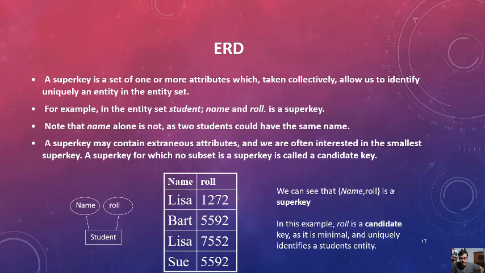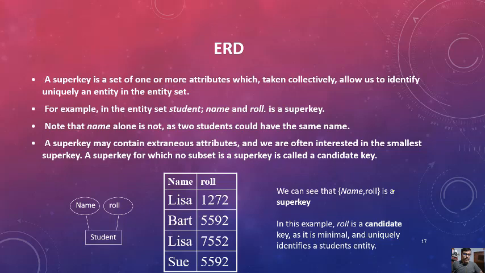I think everyone should have this idea of key, as you have done this in the DBMS class. For example, in the student entity set, name and roll number together are a super key as a combination. Note that name alone is not a key, as two students may have the same name.